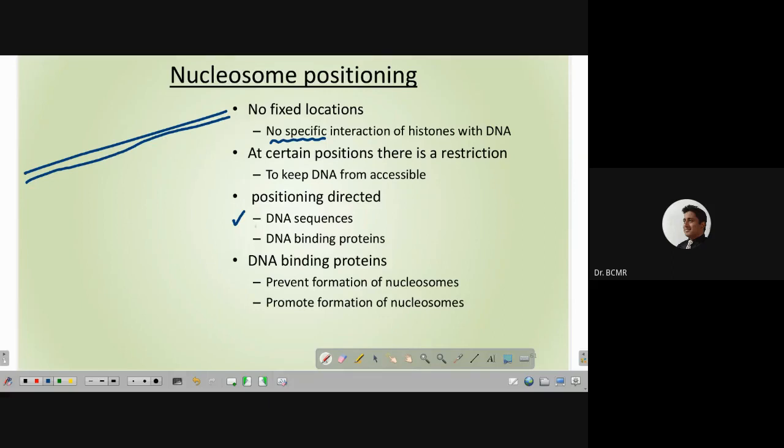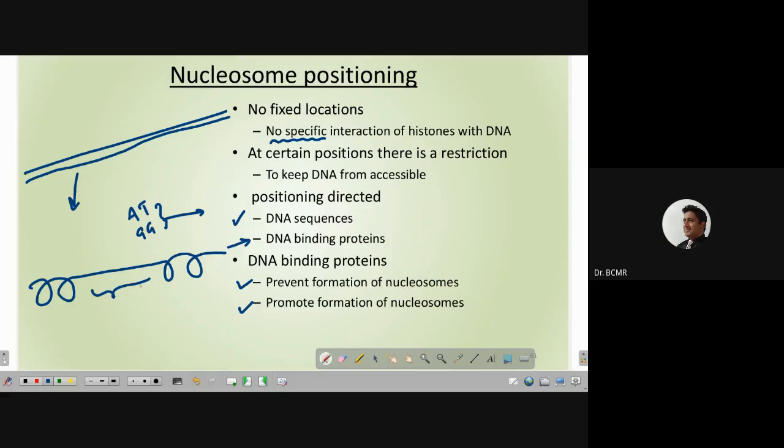It is not sequence specific, but it is about whether it is AT rich or GC rich, general terms like that. Or it could be by some other DNA binding proteins, which will help the nucleosome form. Some of them will promote the formation of nucleosomes. Some of them will prevent the formation of nucleosomes. That is what determines whether a DNA molecule can be like this in some places, and in some places it doesn't form so many nucleosomes.